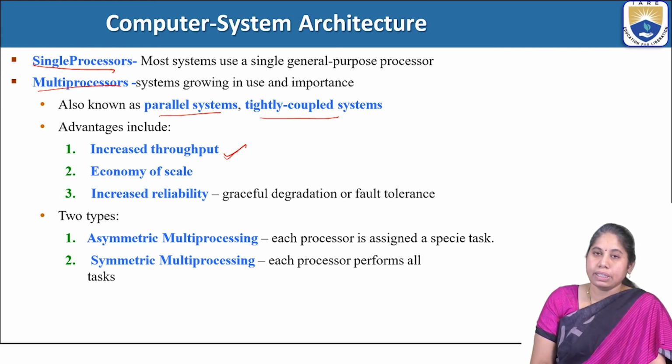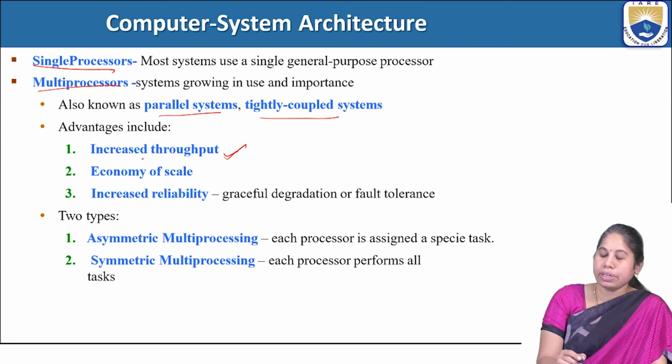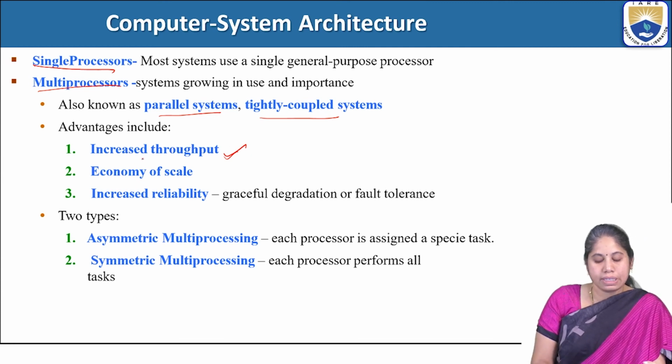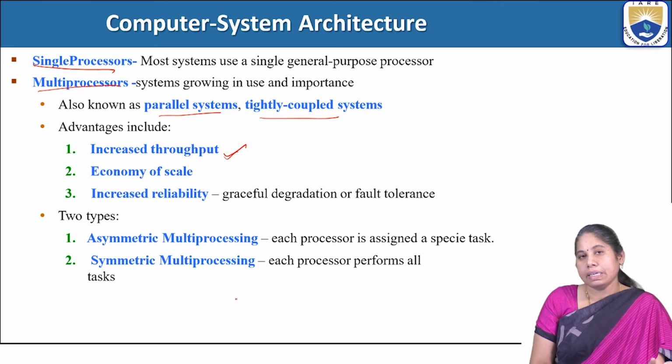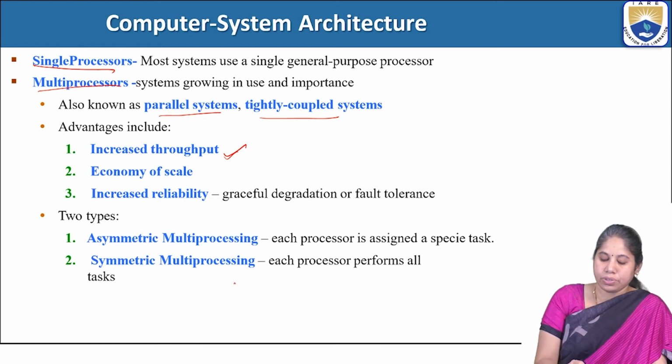Throughput is nothing but the number of programs that run per unit of time, right? I want to increase that. Suppose with a single processor I can finish 5 tasks in a minute, with multiprocessors I can finish 100 tasks in a minute. That's what increases throughput.